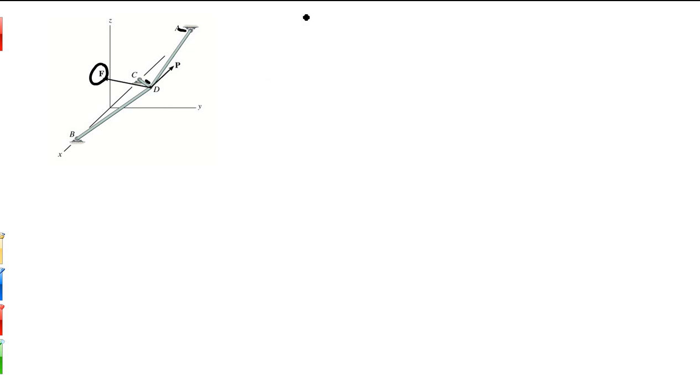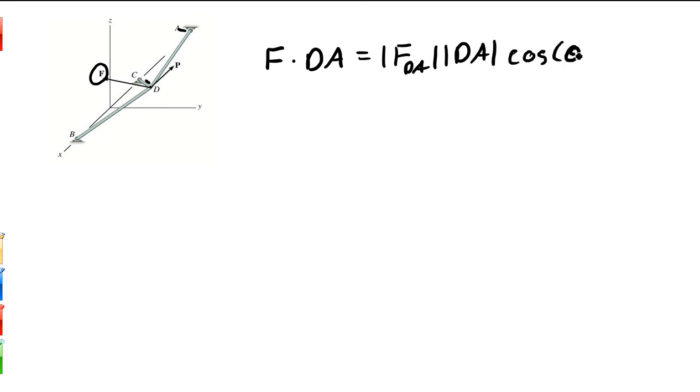They're just looking for the magnitude, so let's write out the dot product. F dotted with DA is going to be equal to the magnitude of F_DA times the magnitude of DA times cosine of the angle in between them. And since the force F_DA and DA are in the same direction, because we're looking for the force this way, the cosine of the angle in between just turns out to be 0, so this just goes into 1.